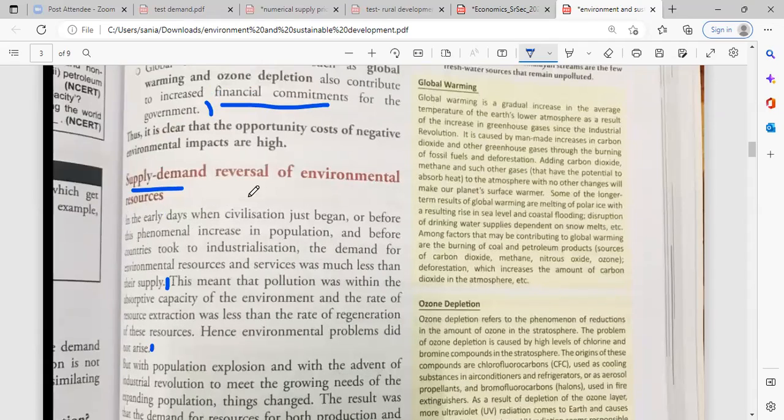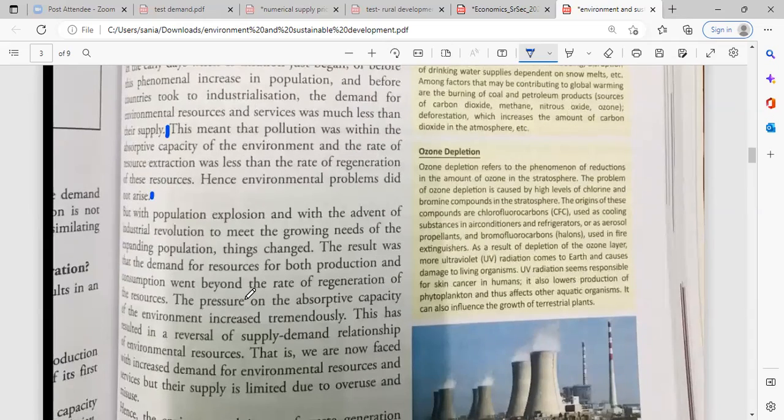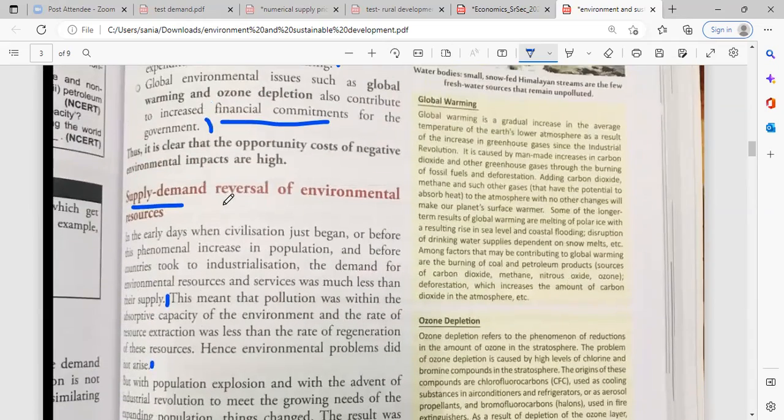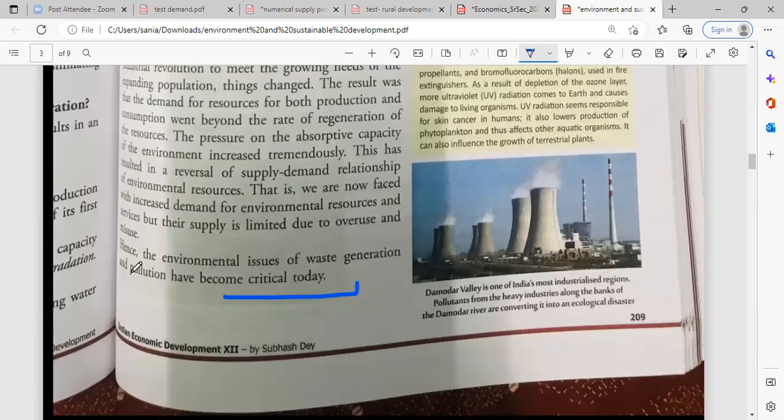So, earlier there were no issues, right? But now with the explosion of population, everybody is demanding, and thereby there is a reversal relationship between supply and demand of environmental resources. See, now more and more people are demanding. For example, over here I have two people. They are demanding maybe oranges.